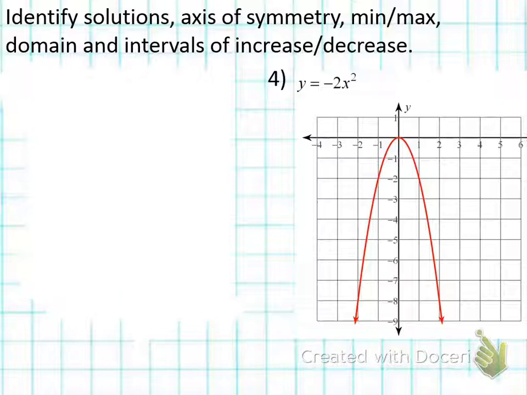Okay, so looking at number 4, first piece of information. What are we asking for? The solutions, okay. What solution do we have? Everyone looking at the board. How many times does it cross the x-axis? Once. Okay, tell your neighbor what the solution is. But what is it also? X is equal to what?